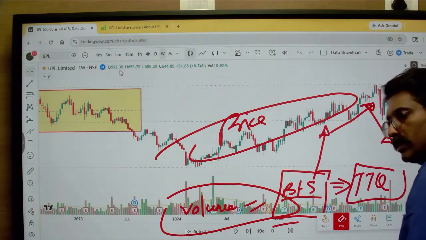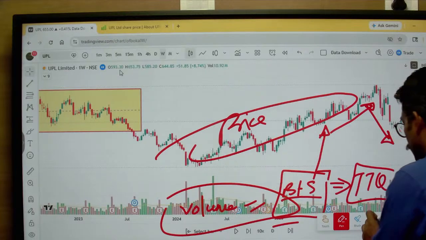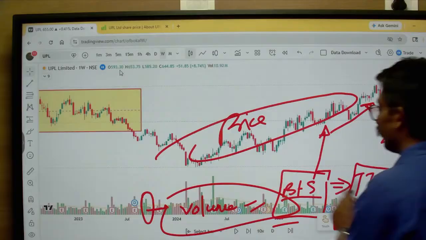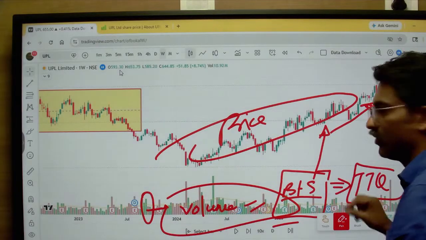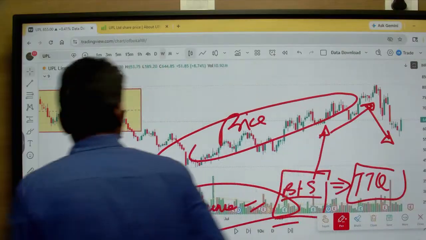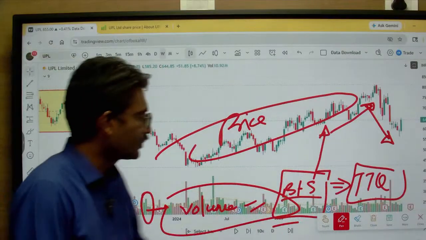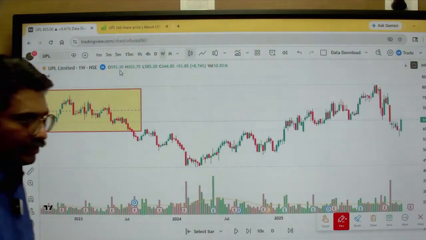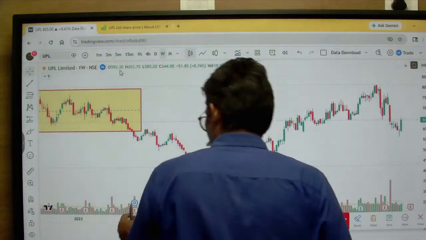It is not a buy volume. It is not a sell volume. This bar that you see here is the sum total of buy and sell, which is total traded quantity. Is that clear? Yes or no? Have you understood? So on the x-axis, one trigger point which has an impact on the prices is volume.